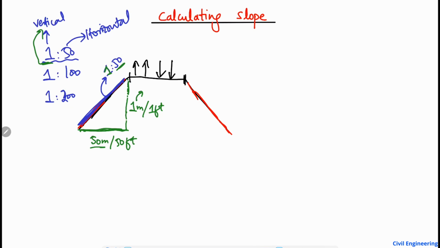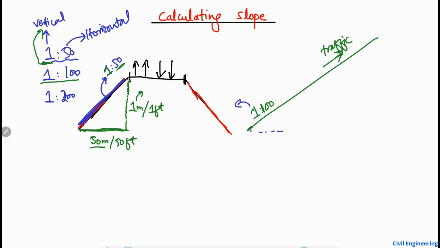Similarly, if I want to show 1:100, for example, we have another road surface like this, and the traffic is moving in this way on the road surface, and the slope of this is 1:100. It means that 1 is the vertical.